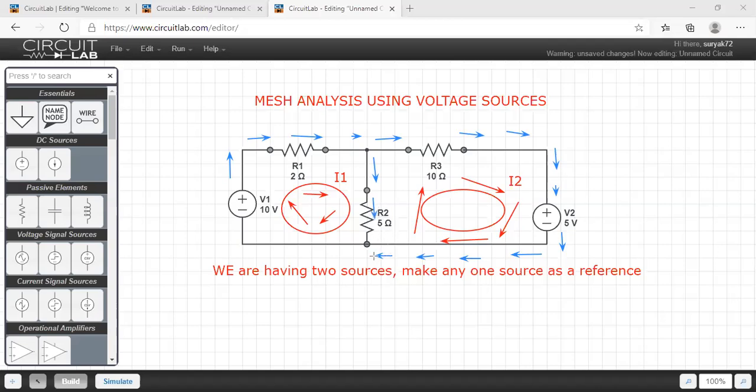At this point both combine again, and the branch current goes to minus. In this manner, initially make the selection of the branch current and loop currents. I took the loop current clockwise, and the branch current from V1, from plus to minus.